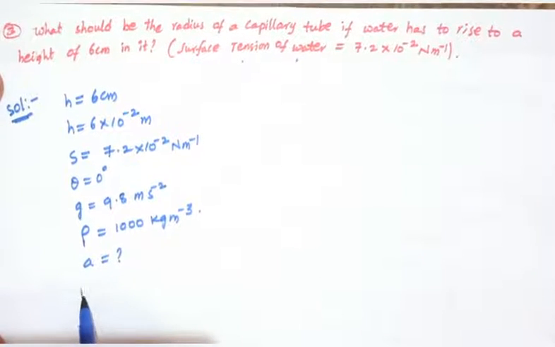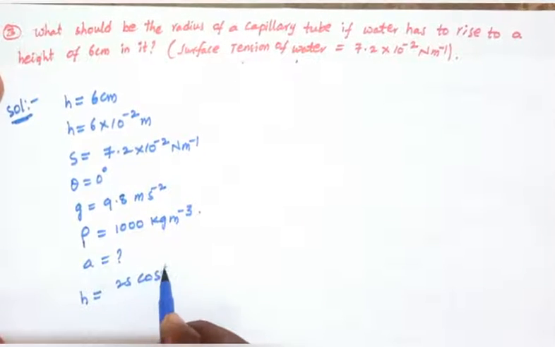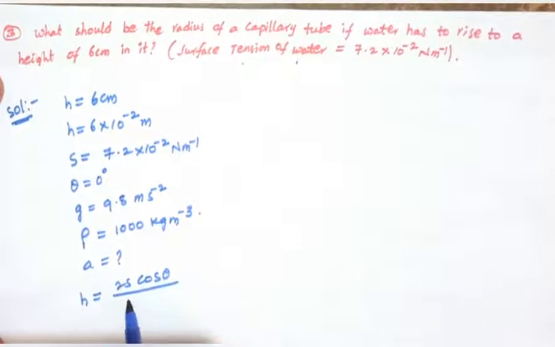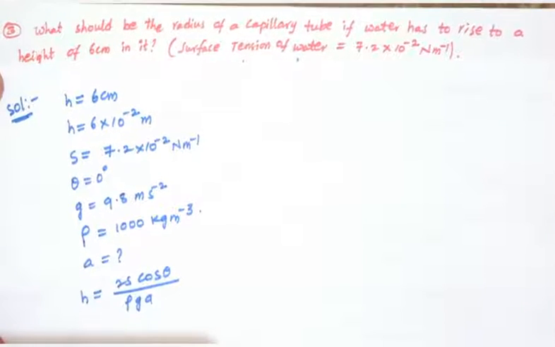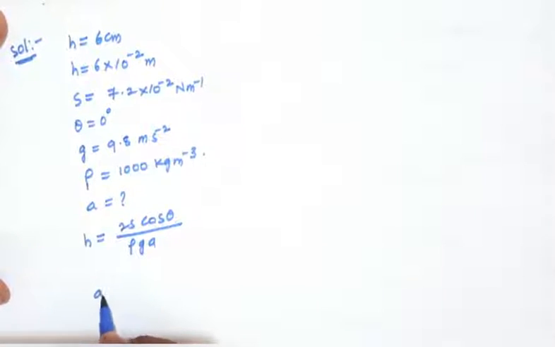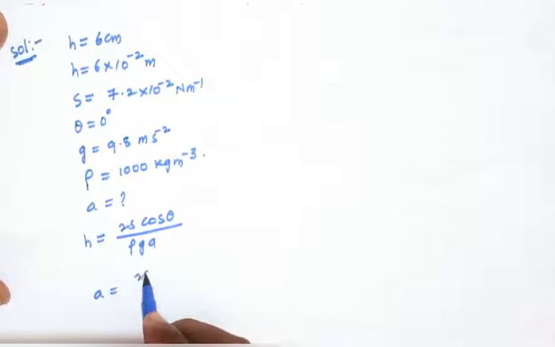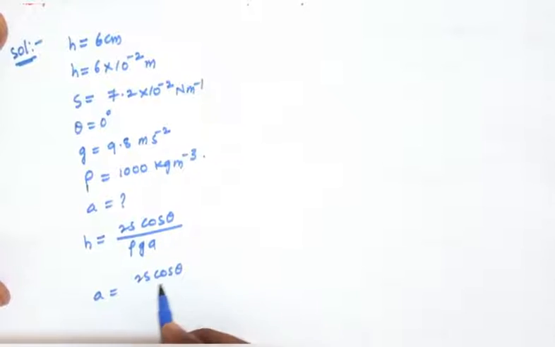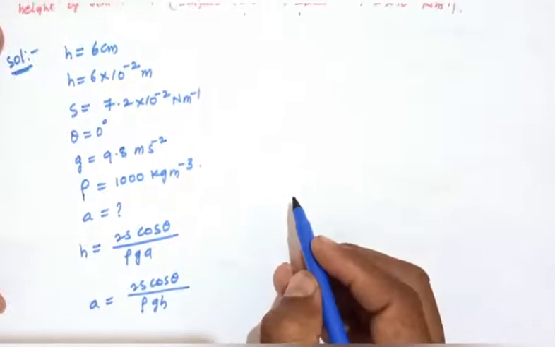Here h equals 2s cos theta by rho g a. So from this equation, a equals 2s cos theta divided by rho g h.